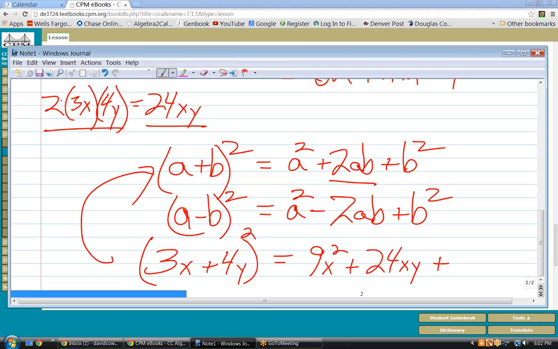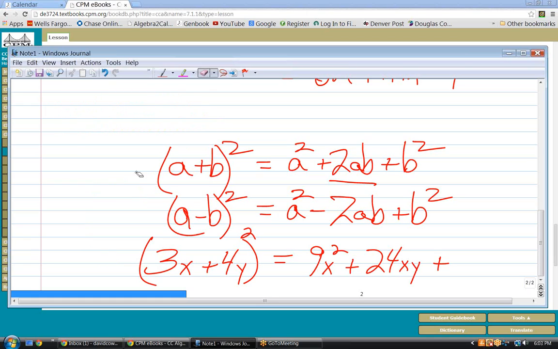I multiply all the numbers together and I multiply the two variables together. Okay. So what's the last term? The b squared part of it? In other words, this part? I thought that was what we had to do.